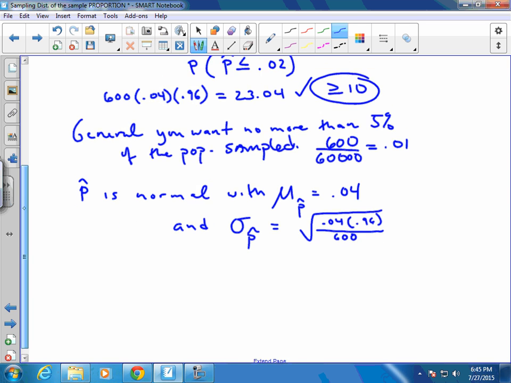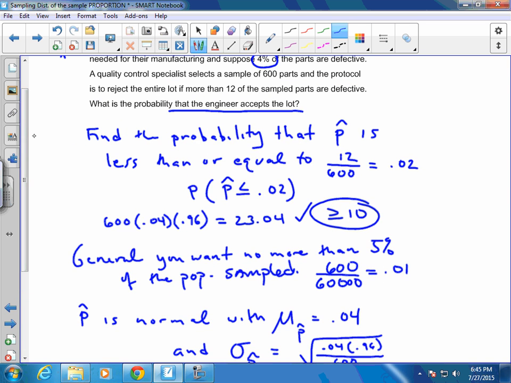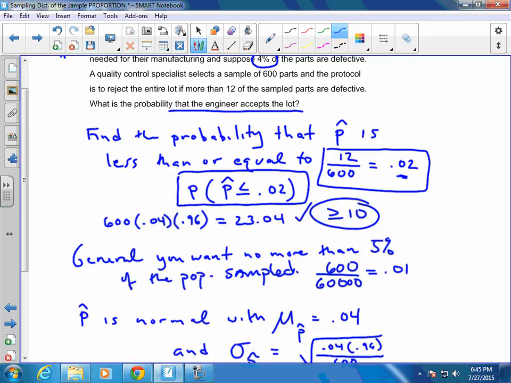And if I go back to my original thought here, we're trying to find the probability that our sample proportion is less than or equal to 0.02, because we wanted to find the probability that the engineer accepts the lot, and the lot would be rejected if there are more than 12 defective, so that means it would be accepted if there are 12 or fewer. All right, so we did the 12 over 600 to get the 0.02 cutoff.